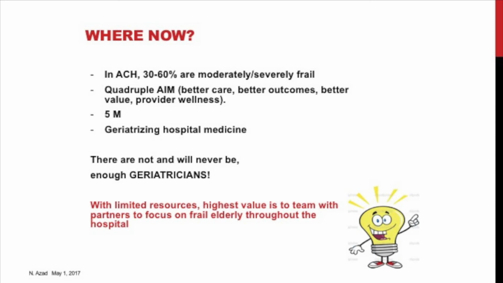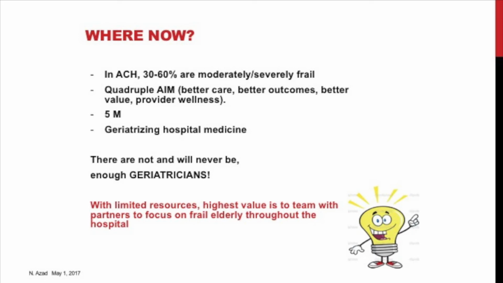Now, there are many broad brush or umbrella type aims. One is the quadruple aim: better care, better outcome, better value, and provider wellness.